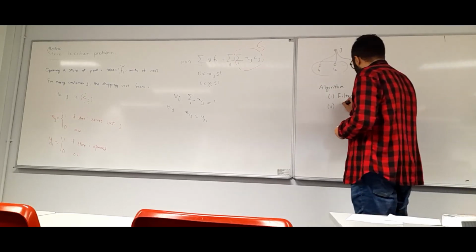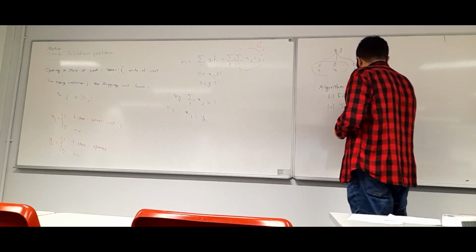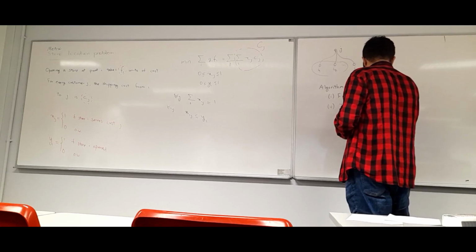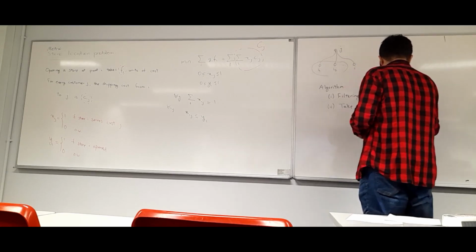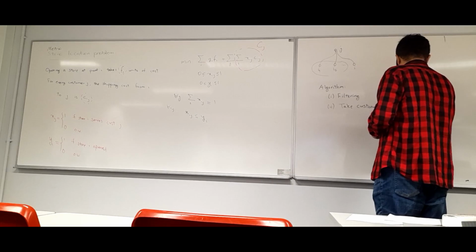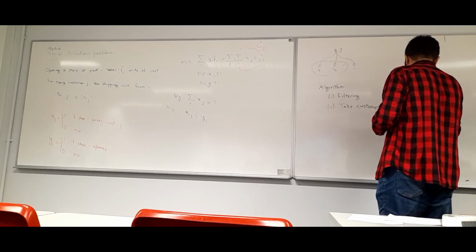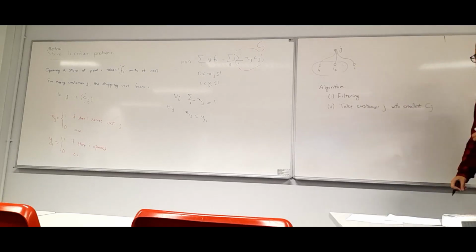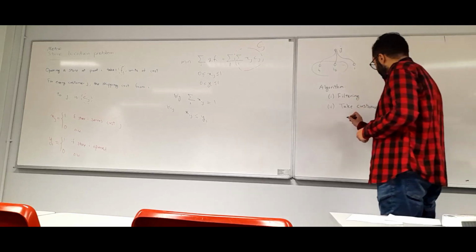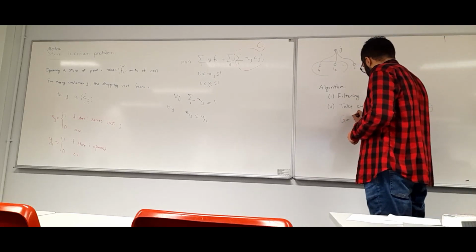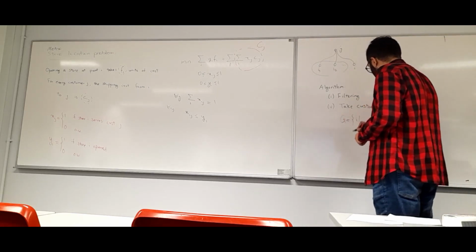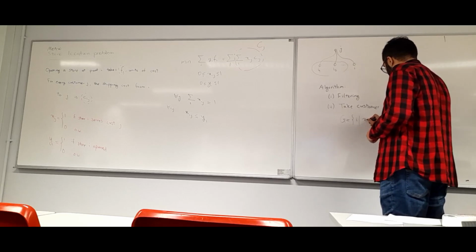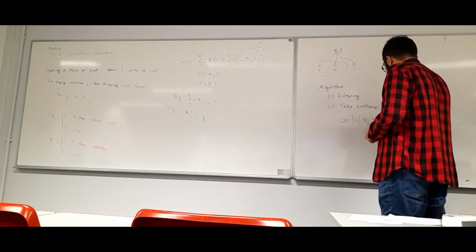So take customer J with smallest cost. Smallest cost in the LP, not in the smallest CJ. Okay? And then let our group of stores, let it be the set of all stores I, such that Xij is greater than 0.